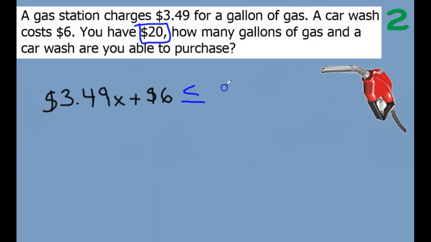So it's a less than or equal to. And $20 is how much we have to spend. So to solve this, we need to subtract 6 first, and subtract 6 first.